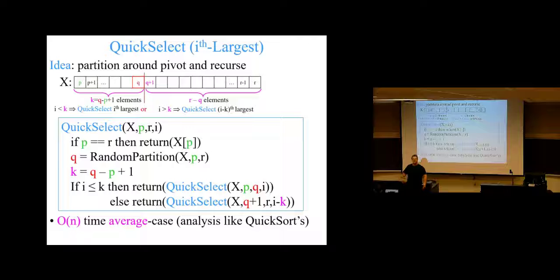And so on average, the portion size keeps decreasing exponentially by a factor roughly of 2 every time, and that converges. And our total amount of work converges to linear. In the first iteration you'll do about n amount of work, then n over 2, then n over 4, then n over 8 in successive lower levels of the recursion, and that will all add up to linear on average. This is kind of an average analysis.